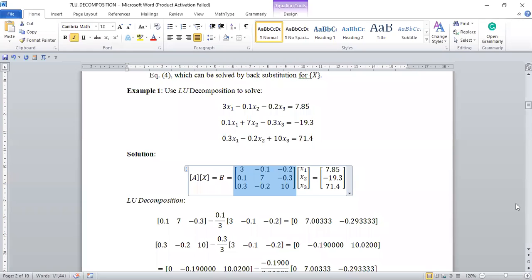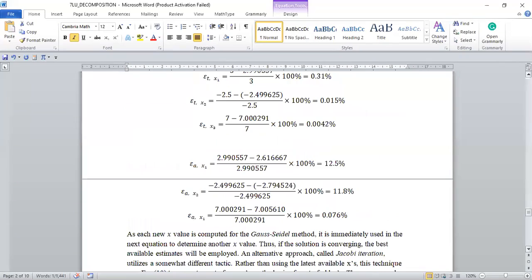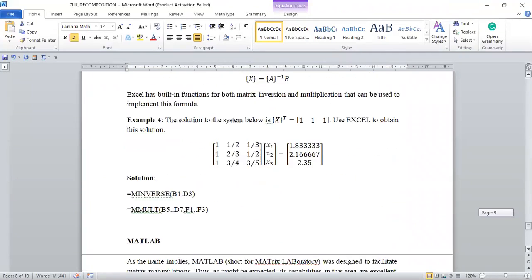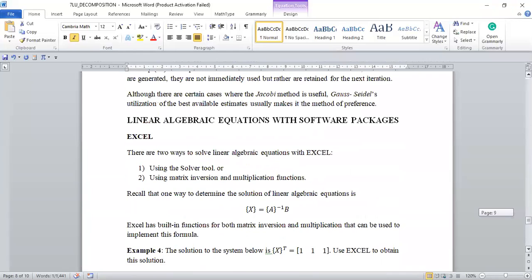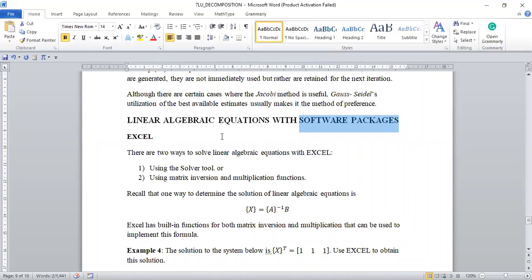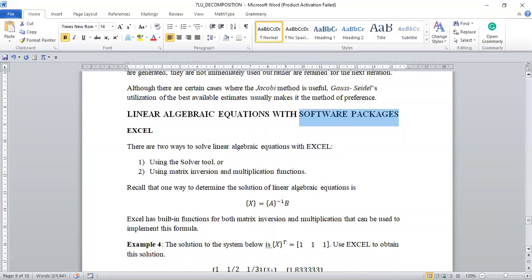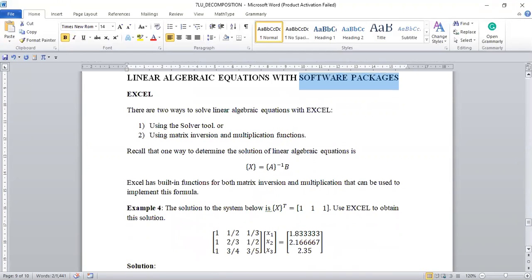Okay, so we've done that. The last part of this class is to use software packages to solve algebraic equations. We already know that it's very tedious to solve these equations using manual calculation or by hand.